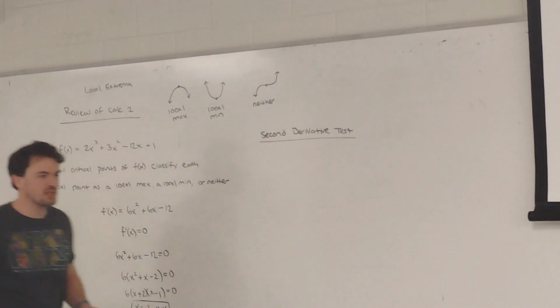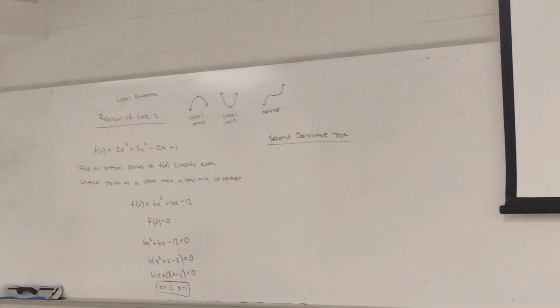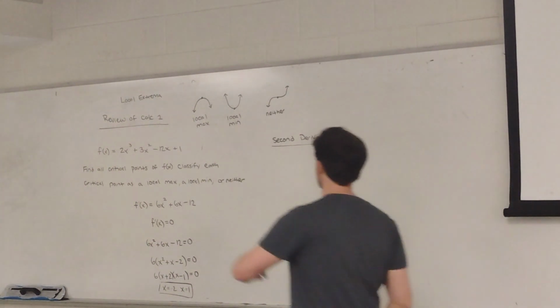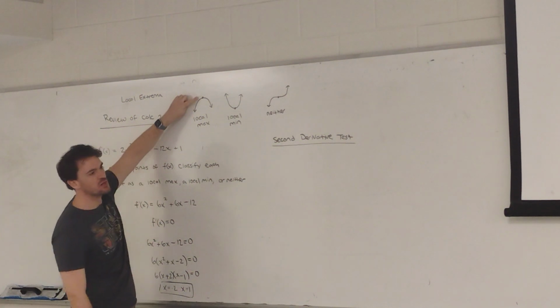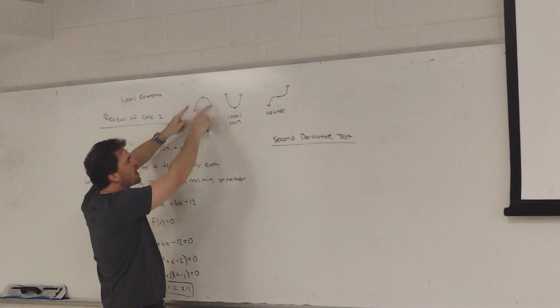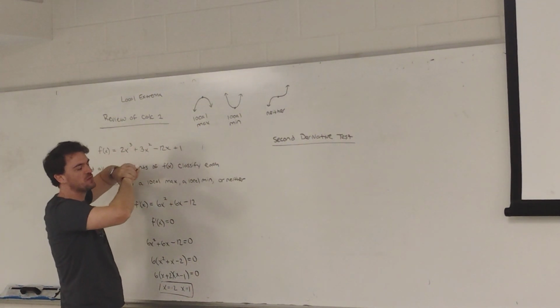So our logic or reasoning here was, let's look at that first example of a local maximum. At that local maximum, the first derivative equals 0, so that looks pretty good. But it is also true that this function is concave down. In other words, our second derivative is negative.